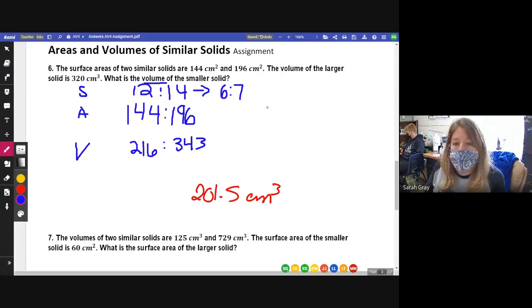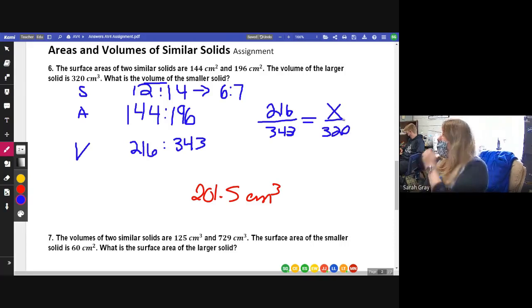Once you have your ratio of volumes, you can set up the proportion. So 216 over 343 equals small volume over large volume. The large one is the one we know, and the small one is the one we don't. And then you cross multiply.